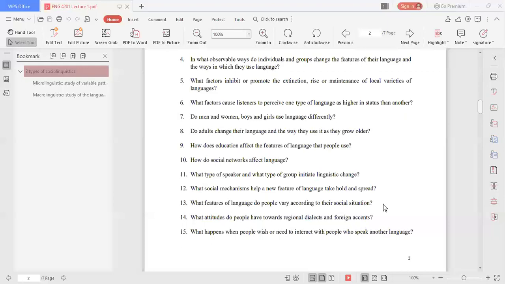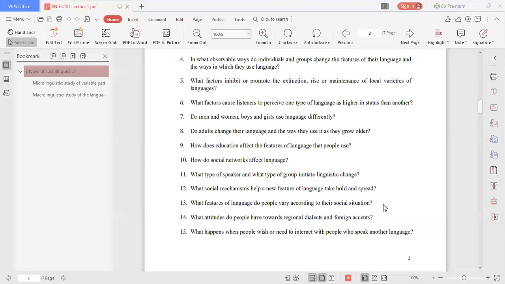Take hold and spread means taking control and spreading the language. What kind of mechanisms work in society that control the language and spread it? So what social mechanisms, what social context or social system influences it? This is also another way that sociolinguists will try to find the answer.